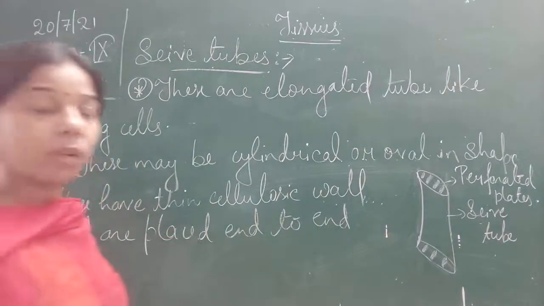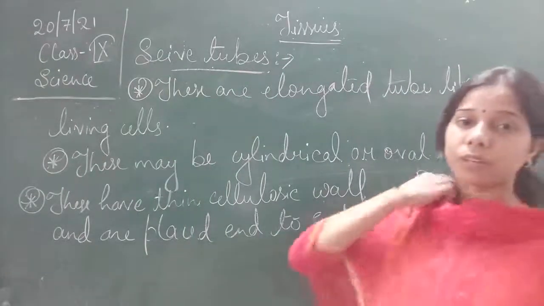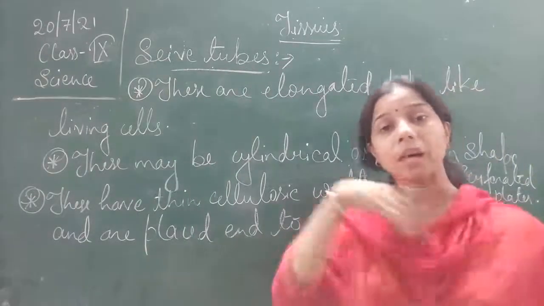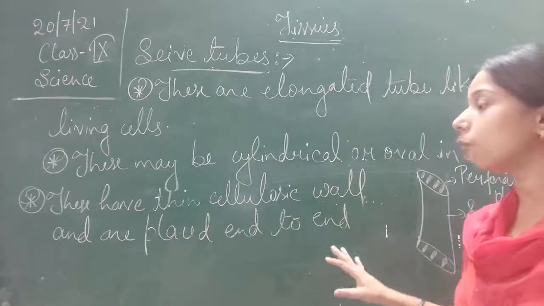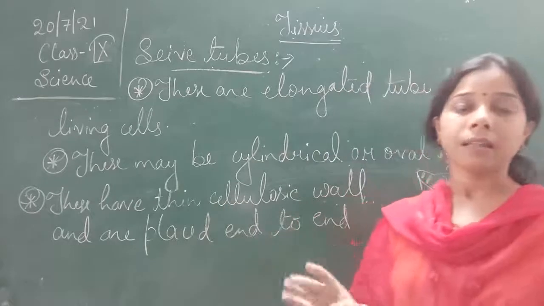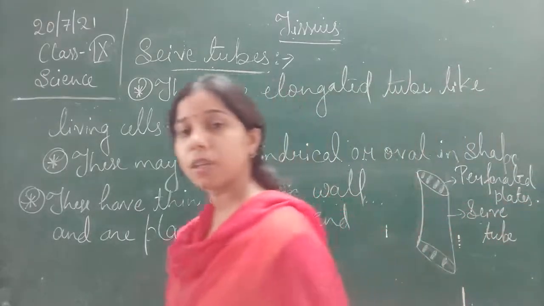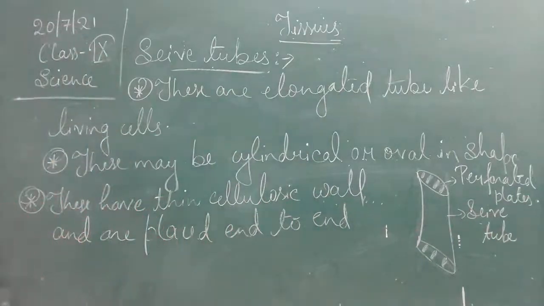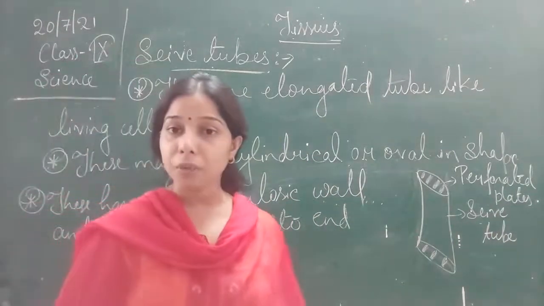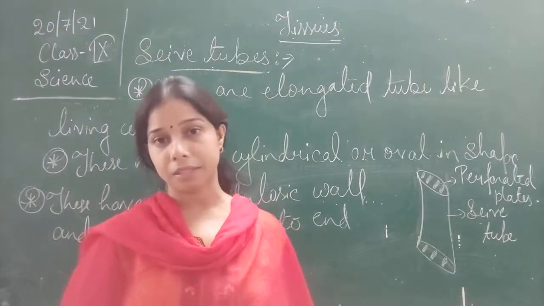When you look at it, you will find that this is cylindrical in shape and they are placed one over the other. And the wall of these sieve cells is a cellulosic wall, consisting of cellulose. So we can say they are thin walled.